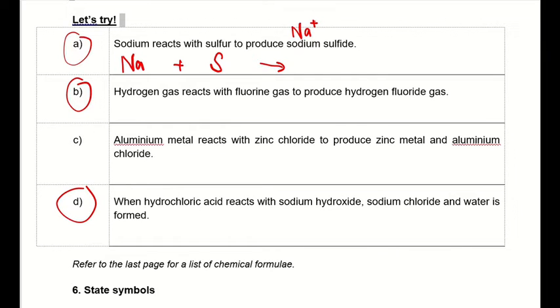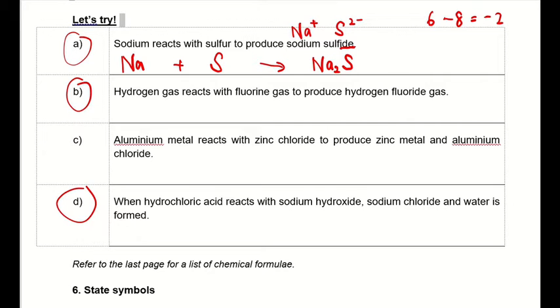And sulfide, because it's in group 6, remember I said group 6 minus 8 is equal to minus 2. So sulfide is S2-. Remember this is sulfide, not sulfate. So this will be Na2S, I need 2 sodium, 1 sulfide.